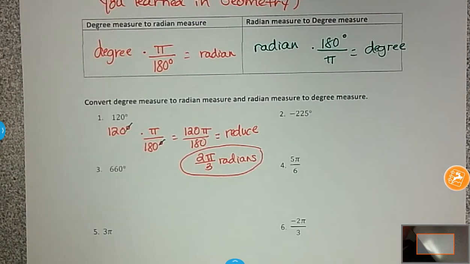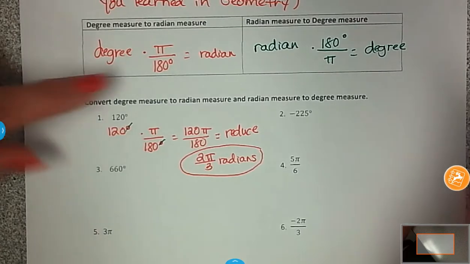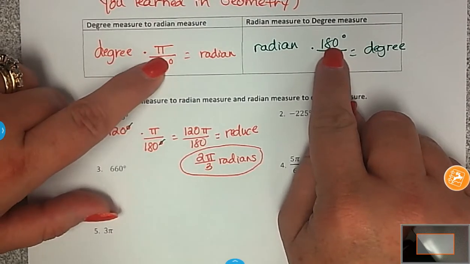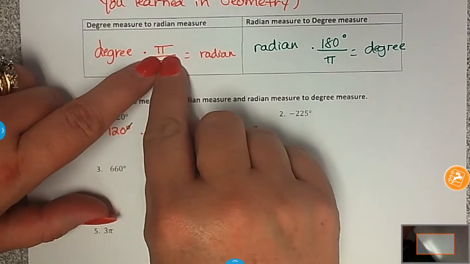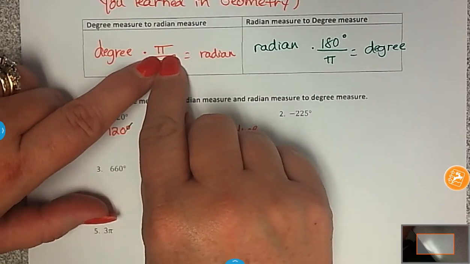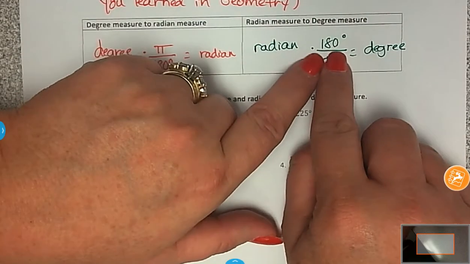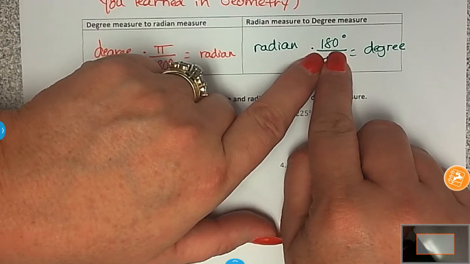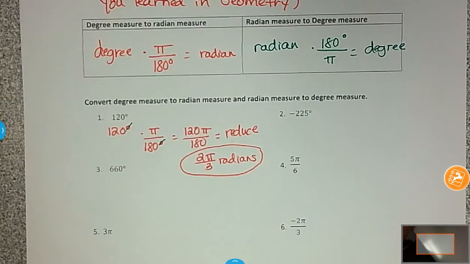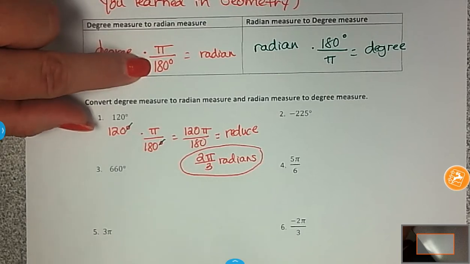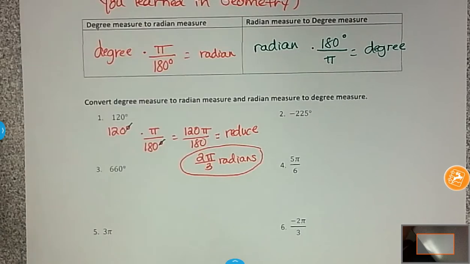Notice, whichever unit you are trying to convert to is what's on the top of this fraction. So if I'm going to radian measure, I have a pi on the top. If I'm going to degrees, I have 180 degrees on the top. But my conversion factor is the pi over 180, or flipped if I'm going to degrees. That doesn't change in either of these two formulas.